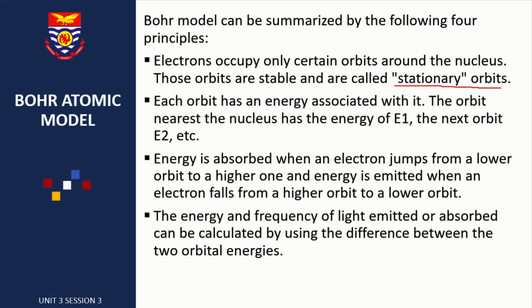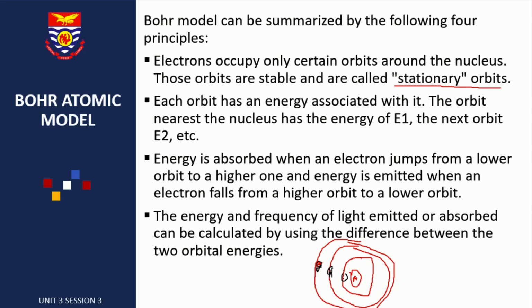So we have the nucleus here, and we have some shells around the nucleus, something like this. And Bohr is saying that anytime there's an electron on any of the shells and it moves from the lower one to the higher one, or from the higher one to the lower one, there's an emission or absorption of energy.